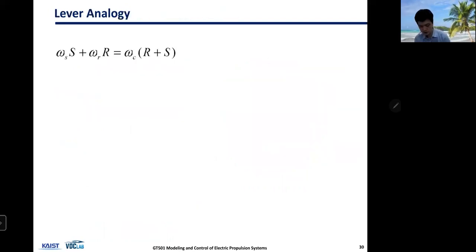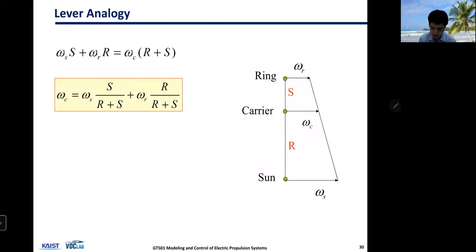To help understand how the PG operates, we can employ a lever analogy. We're going to draw a lever and represent the planetary gear set using a lever. This node represents the ring gear, this node represents the carrier, this node represents the sun gear, and the x-axis is the speed of that node, that gear or shaft.